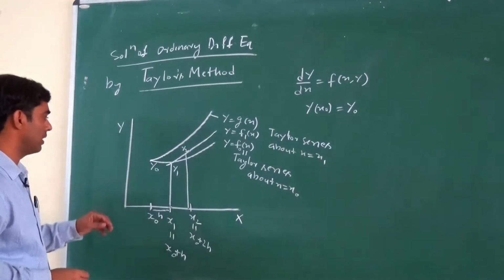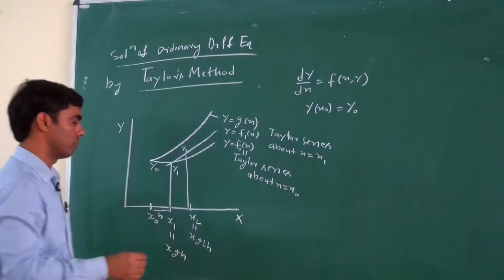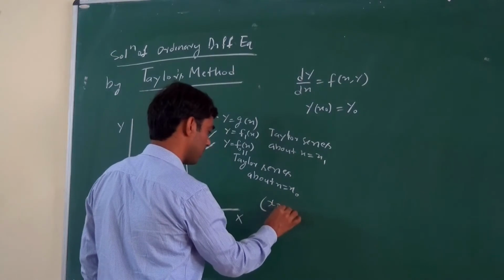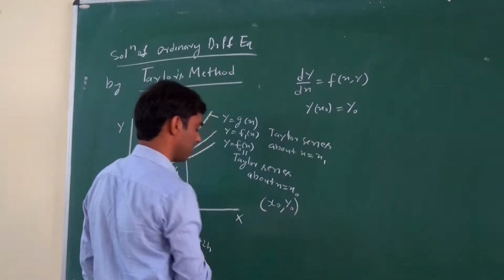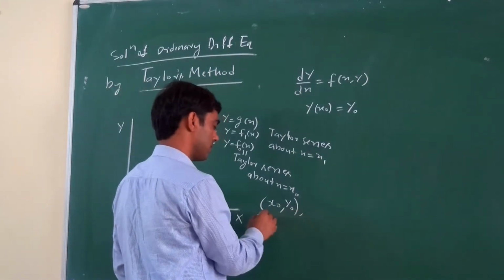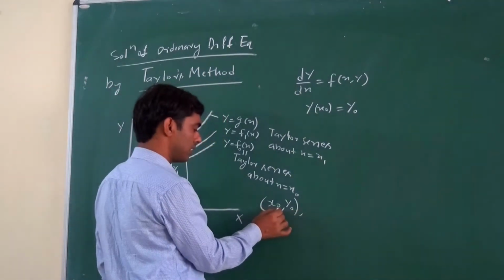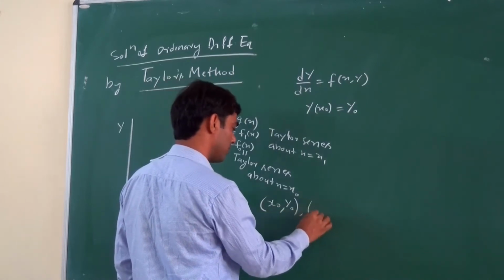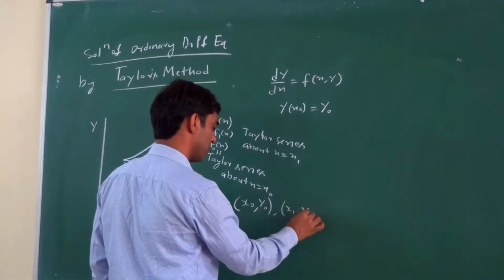First, for the initial value, we have the pair x0, y0. With the help of this, we find the Taylor series expansion about x = x0, then putting x = x1, we find x1, y1.